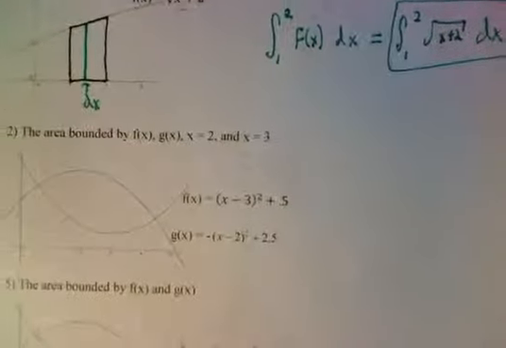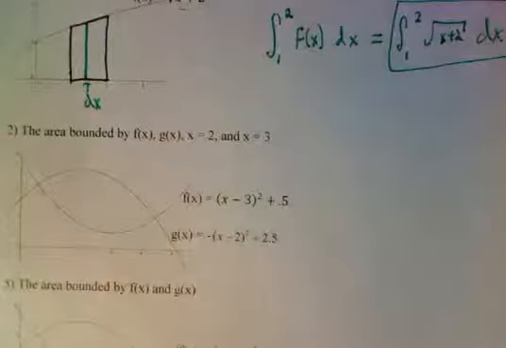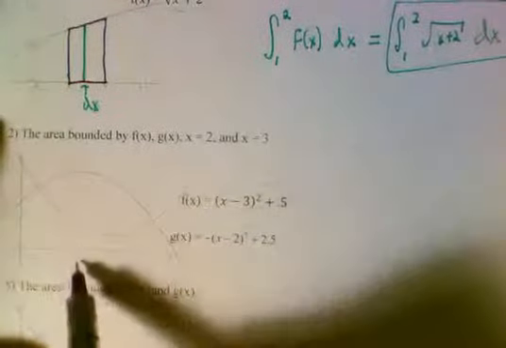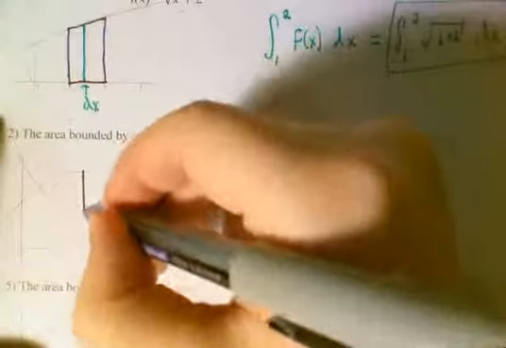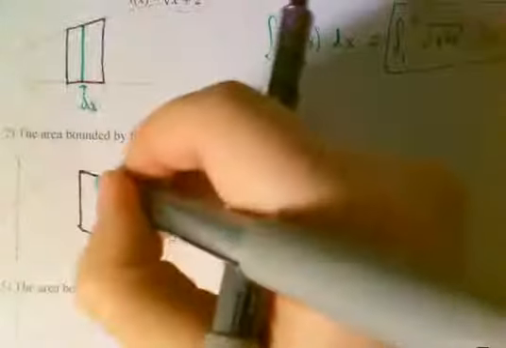Sometimes, though, we're going to be working with multiple curves, like this one right here. It's saying we want to have the area bounded by f of x, that's this one, g of x, the line x equals 2, and the line x equals 3. So there's x equals 2, there's x equals 3, and then here's f of x, and here's g of x. Again, we want to draw our sample rectangle.